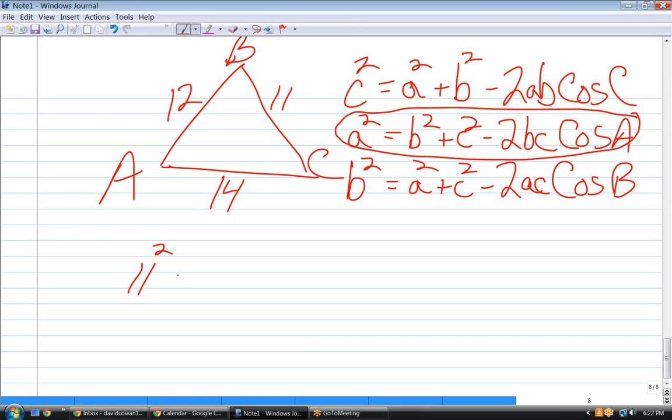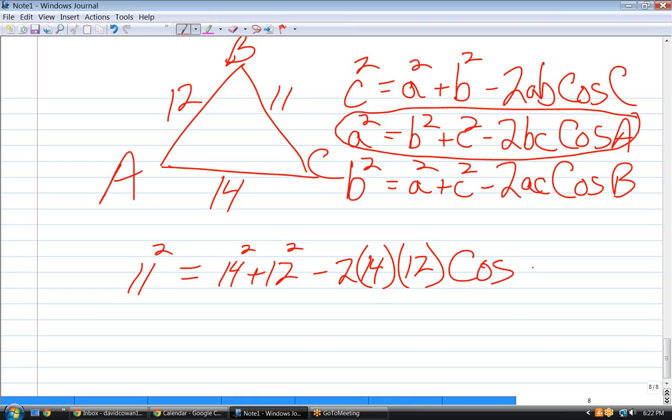So it's 11 squared equals 14 squared plus 12 squared minus 2 times 14 times 12, always those same two numbers, and then cosine of A. Notice that there's only one unknown in that equation.